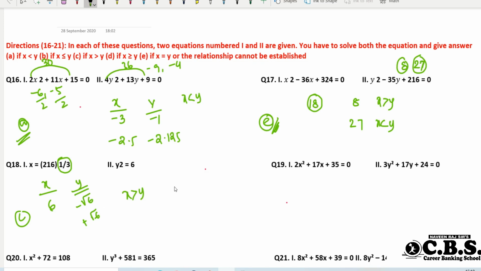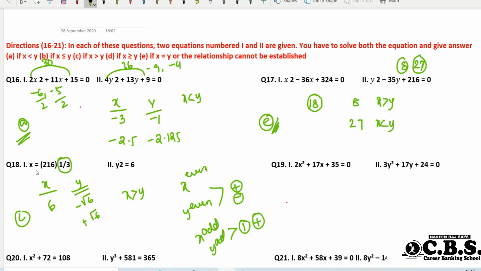So always remember, if the power is even, for x or y, we definitely get two roots, one positive and the other negative. If the power is odd, for x or y, we get only one single root, which would always be a positive value. So here the y power is 2, y square, so y values are one time positive, one time negative.